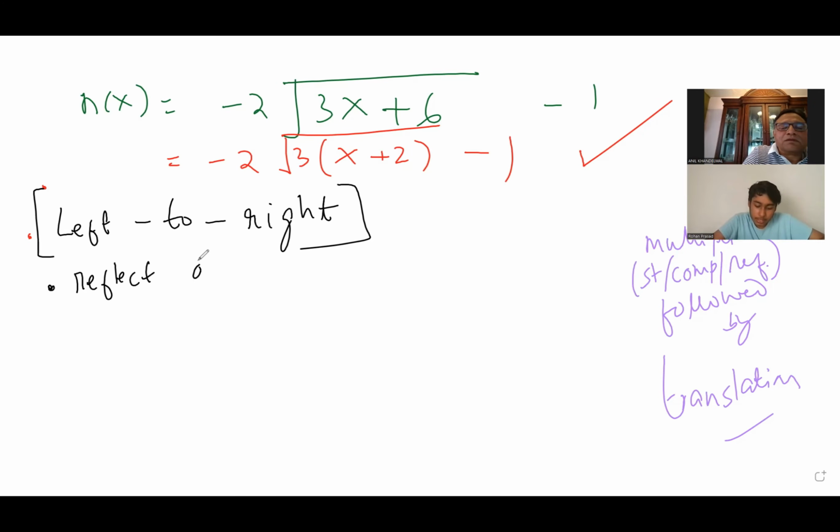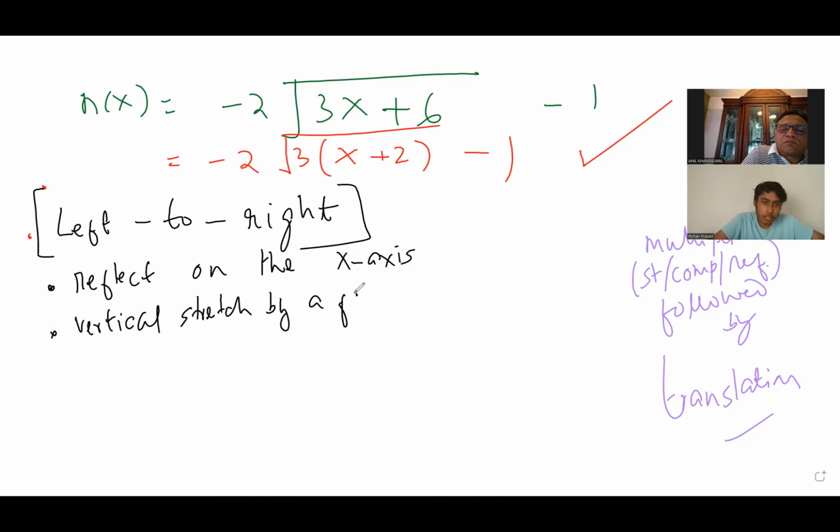It tells us that it's reflected on the x-axis. Then 2. Vertically stretched by negative 2, sir. By a factor of. Do not miss the word factor. Factor of 2.